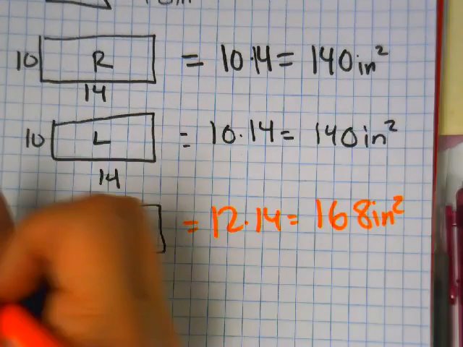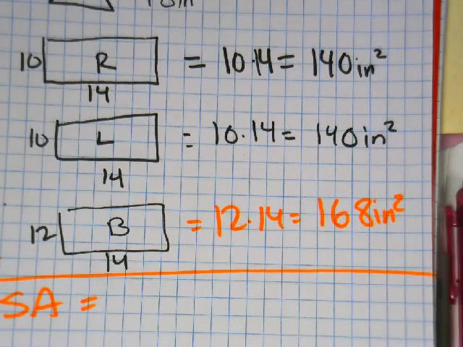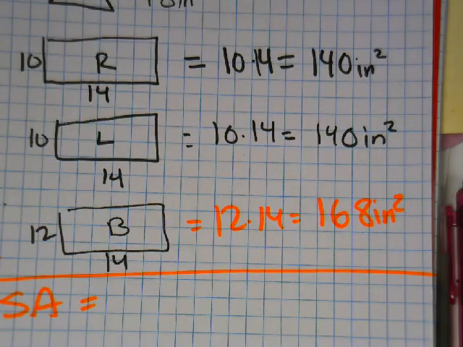All right, so now we add all this with our calculator for our total surface area. Don't forget about the 48s. And what is the total surface area?